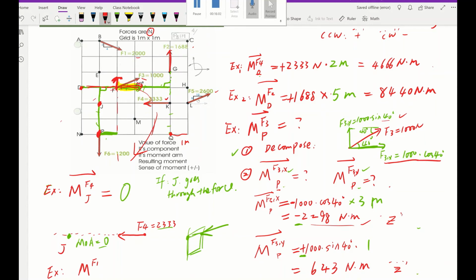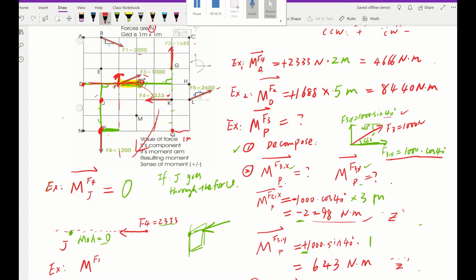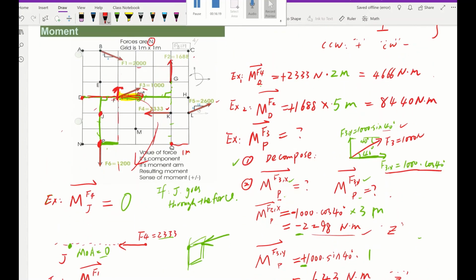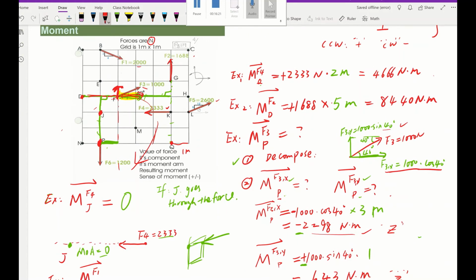It's given in this geometry 3, 4. Okay, so we have this F1. If we have this F1 rotating about D, D is right here, F1.